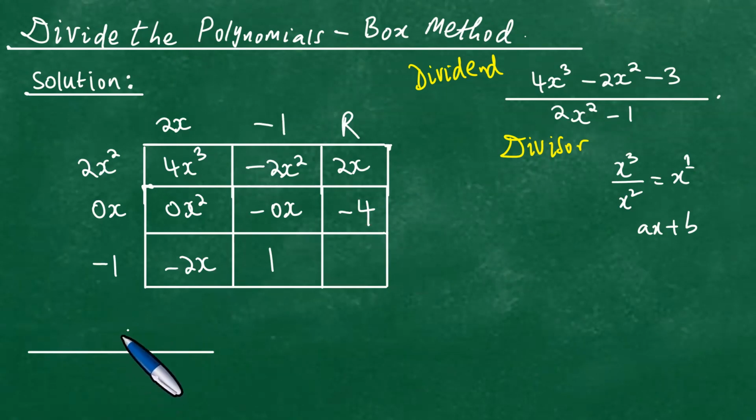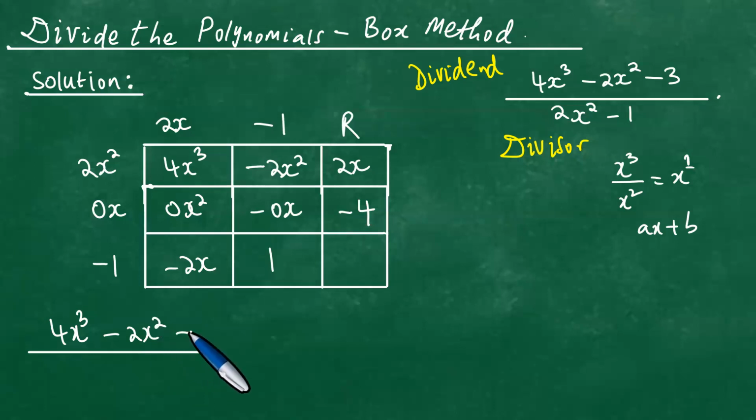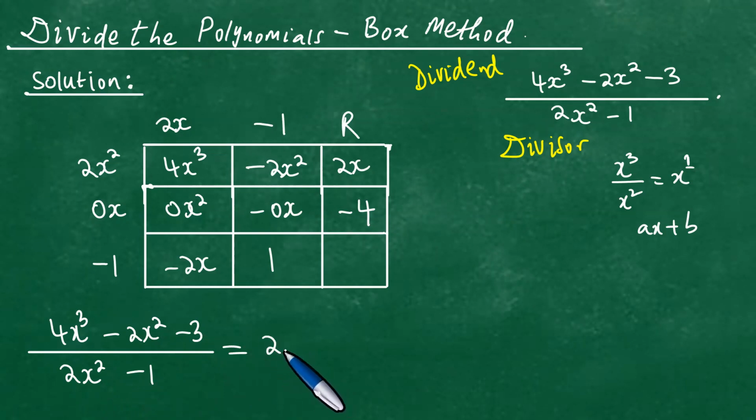Okay. So we have the remainder. So we have 4x cubed minus twice x squared minus 3. You divide that by twice x squared minus 1. And if you divide these, we get a quotient. And the quotient is twice x minus 1.